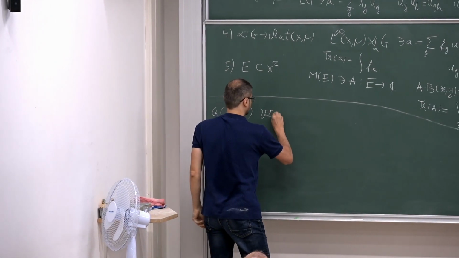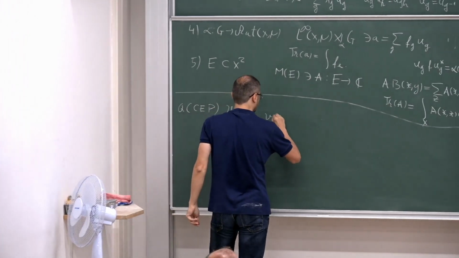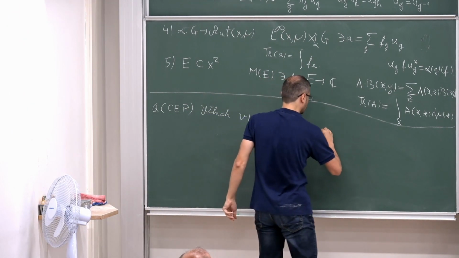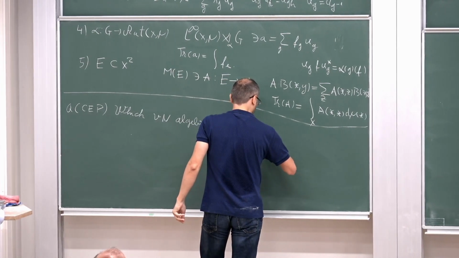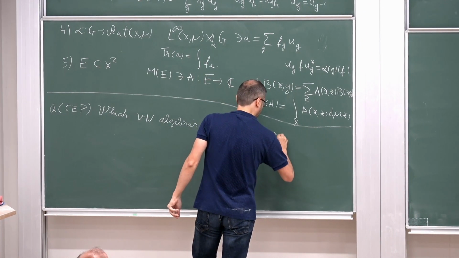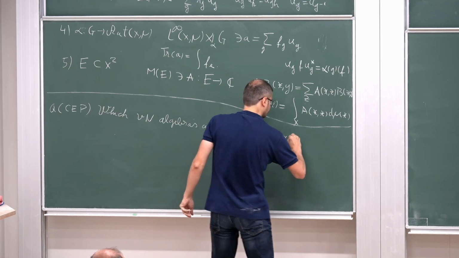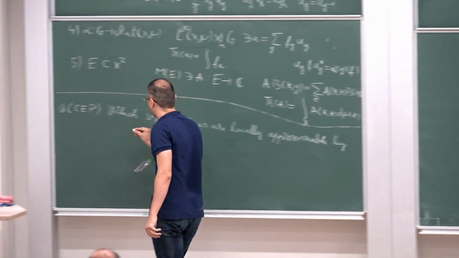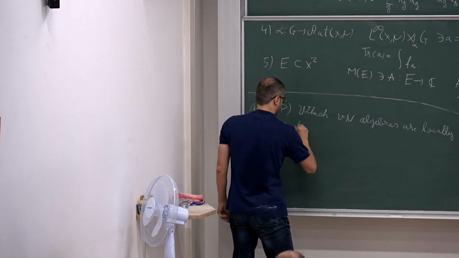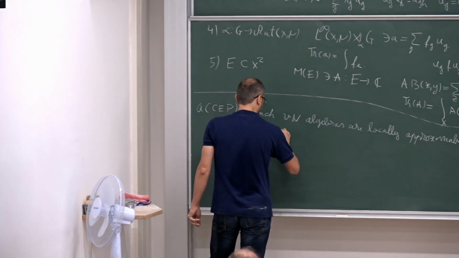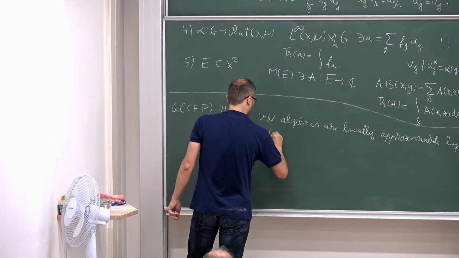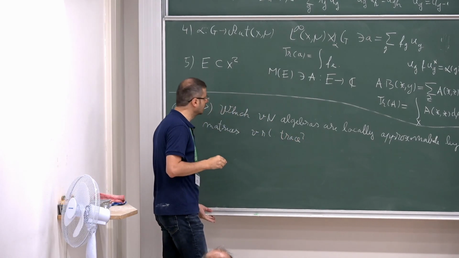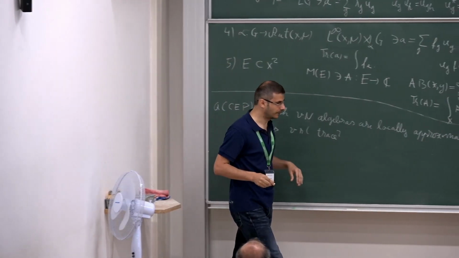So which von Neumann algebras are locally approximable by matrices with respect to the trace. Again, I'm leaving a lot of details out. We'll study this question for this list of examples.